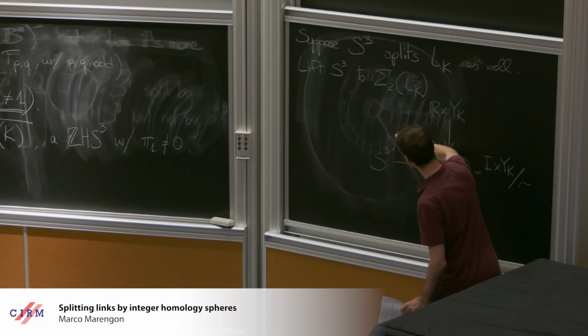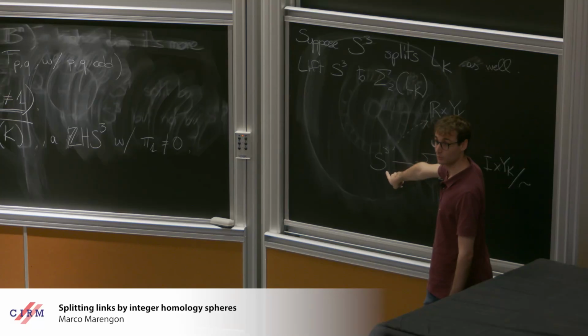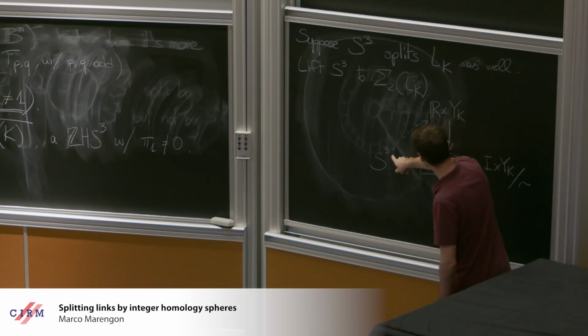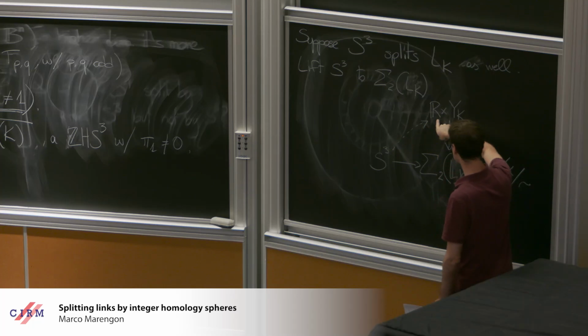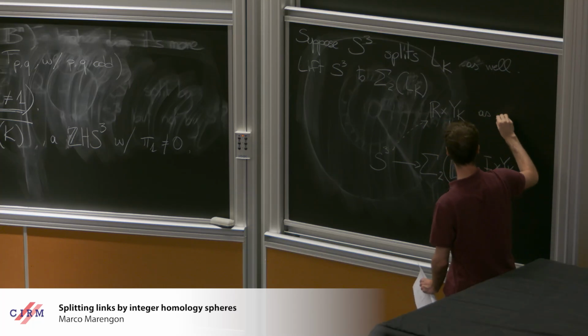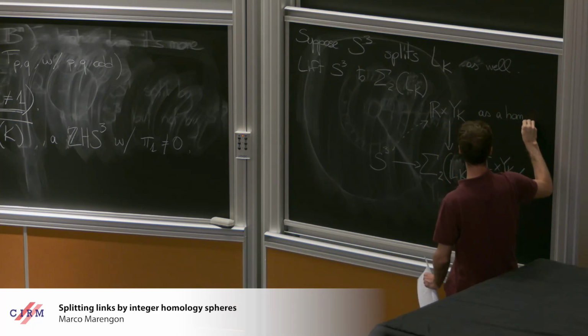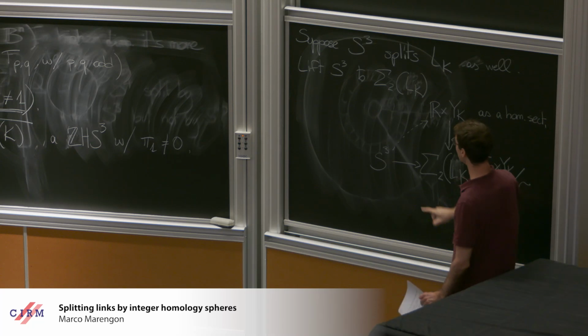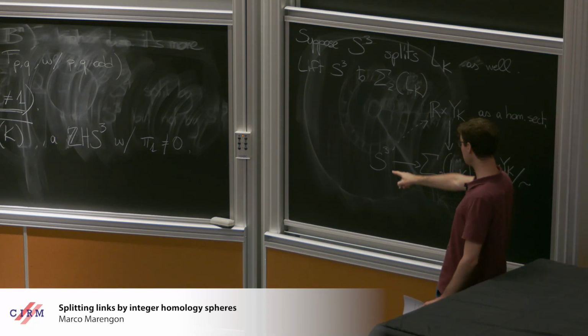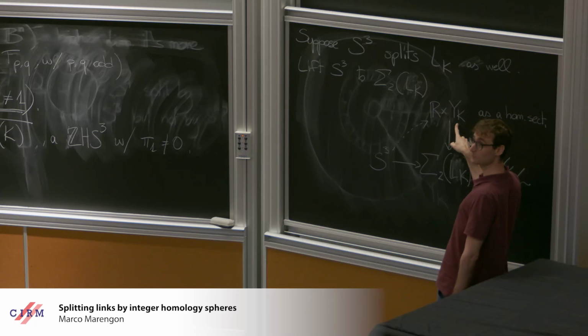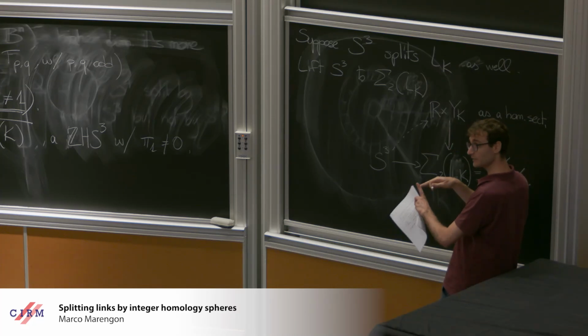So when you take a lift, and such a lift always exists because S3 is simply connected, you get that S3 lifts to here, and in fact it lifts as a homological section. By homological section, I mean that the image of S3 lies in the same homology class as any fiber, Yk. This follows from the fact that Yk splits.